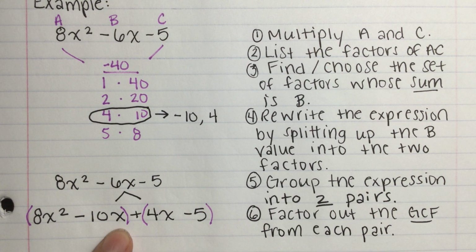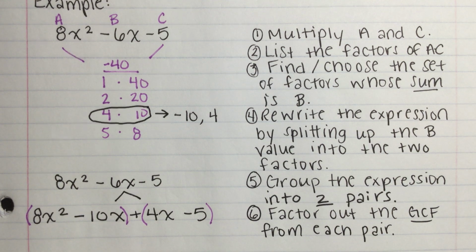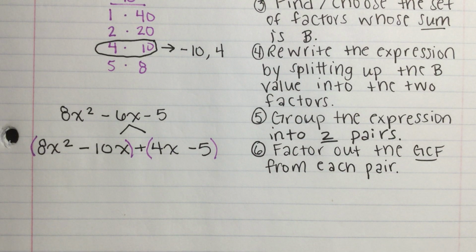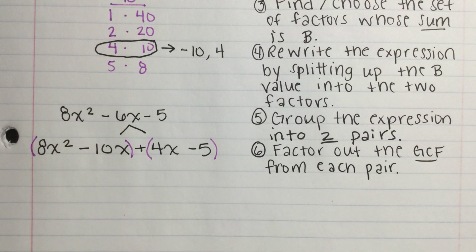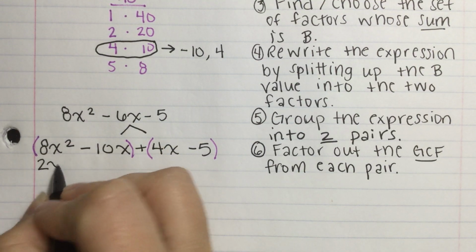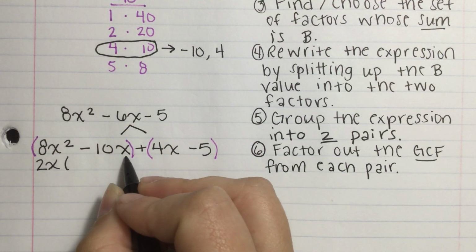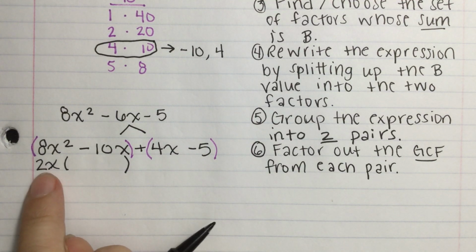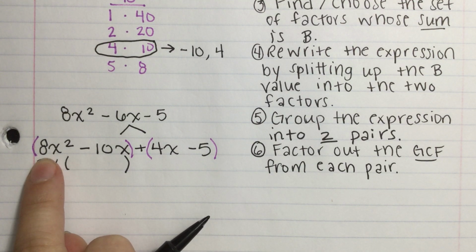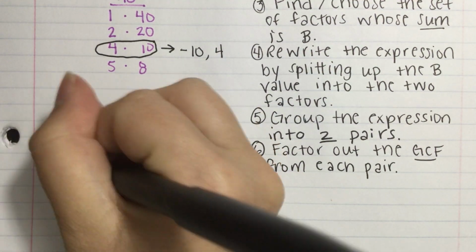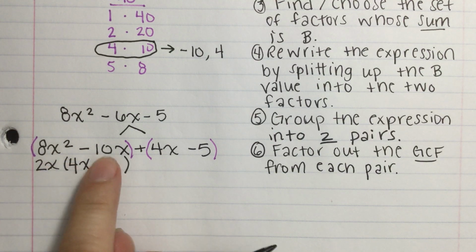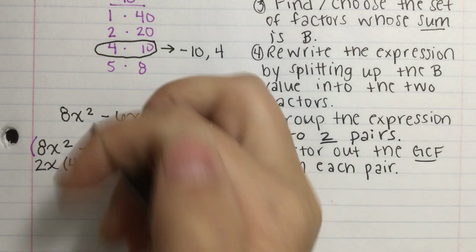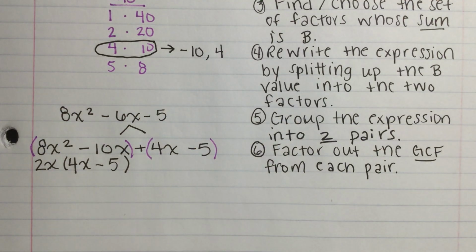If you need to see where I got that from, I suggest watching my previous video on GCF, but I know that they both could have a 2 divided out, and they both could have an x divided out. So what I'm going to do is I'm going to pull out, like divide out, 2x from this expression. Now, if I were to divide 2x out of 8x squared, what I would have left over is 4x. If I were to divide out 2x from negative 10x, I would have negative 5 left.